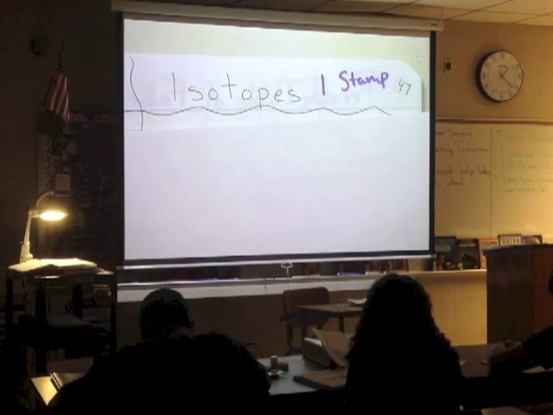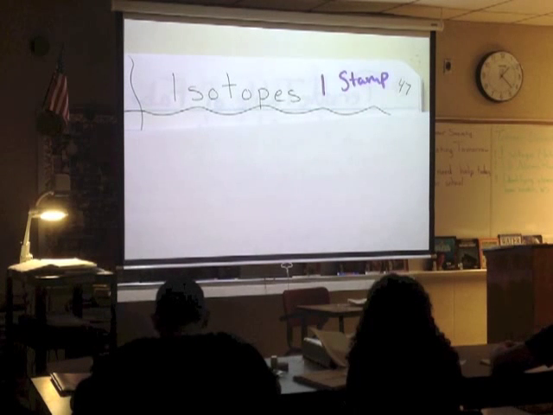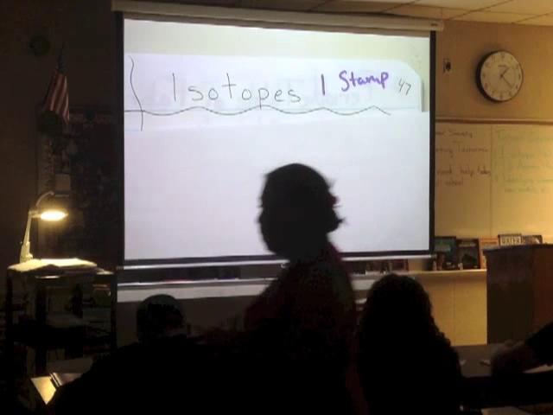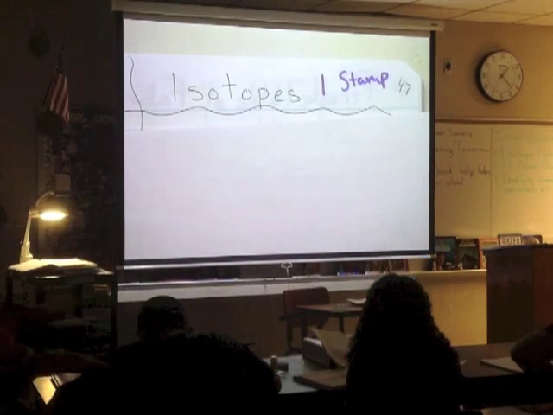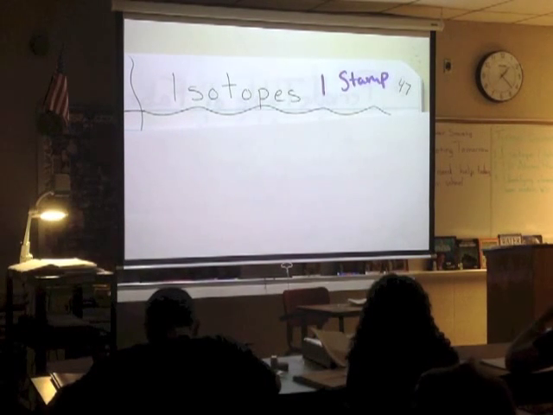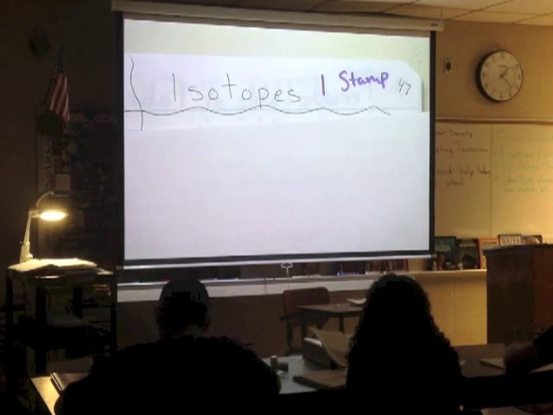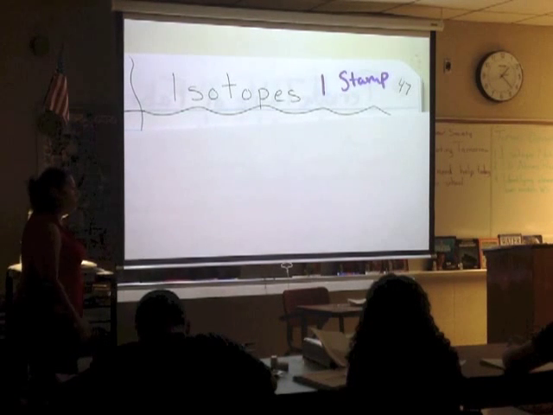Well, now we know that's not true. So now we have changed that part of the theory to atoms of the same element have the same number of protons. That's it. We don't say that they're exactly the same. And the reason we don't say they're exactly the same is because we have found something called isotopes.